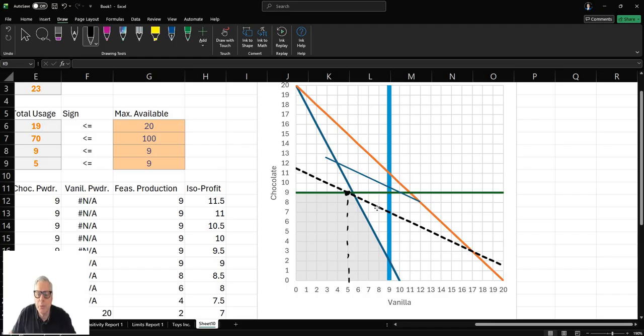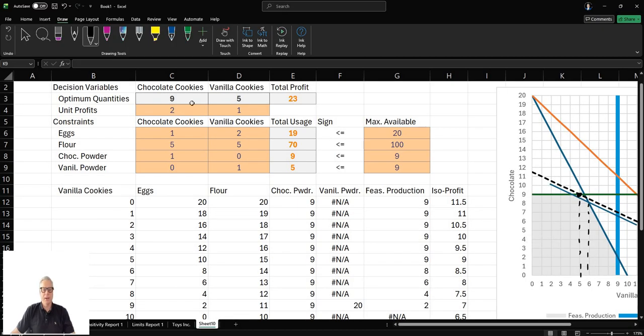Well, the other one would be, the next integer solution would be 8 and 6, but that wouldn't be the optimum. And we can easily check, so 9 and 5, you can also visualize that. So why wouldn't 8 and 6 work? So now our total profit is 23, but with 8 and 6, which is also feasible, it's only 22. So the correct answer is, for an integer solution, 9 and 5.